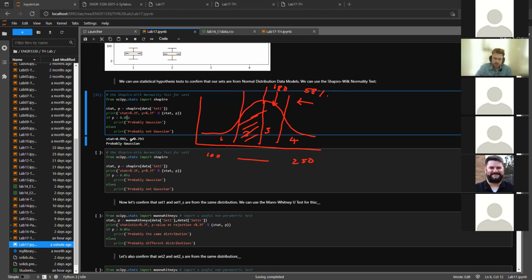So what does it mean when I got something like this? So remember that the decimal, this means 0.79%. What does that mean?